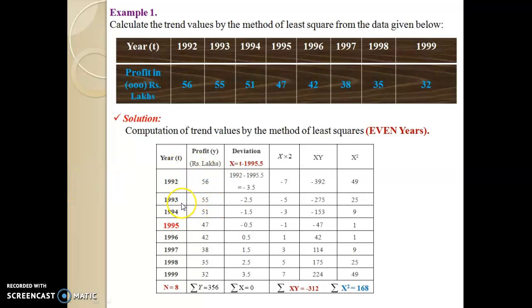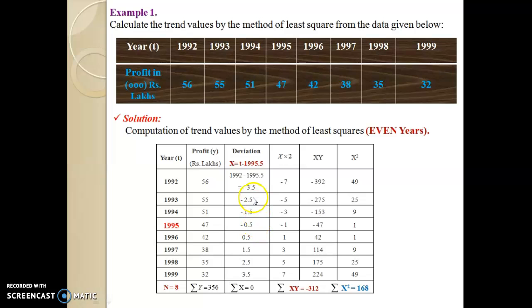Similarly, to calculate the next year, that is 1993, the same procedure applies, and it becomes minus 2.5 minus 1.5, and in the year 1995 it is also minus 0.5.